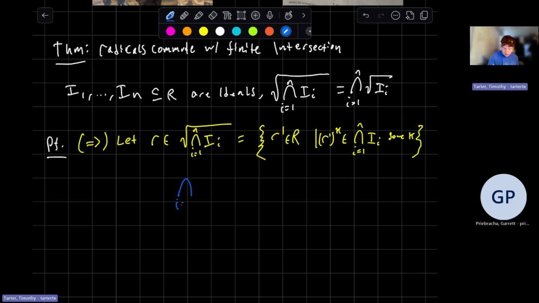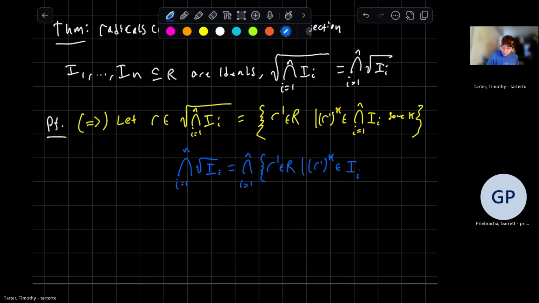Let's compute the intersection just so that we have it. It's equal to the intersection, i equals 1 to n, of r prime in R such that r prime to the k is in I for some k.